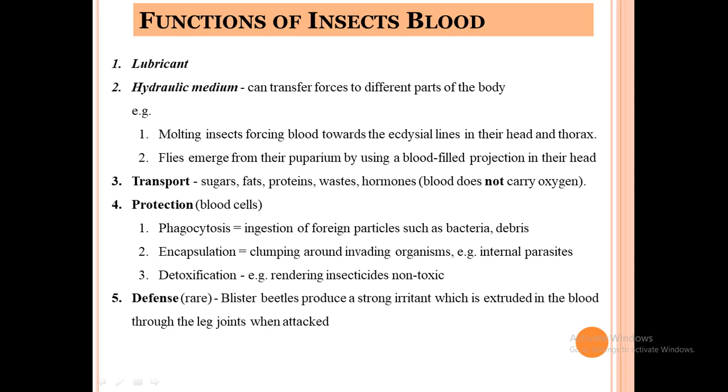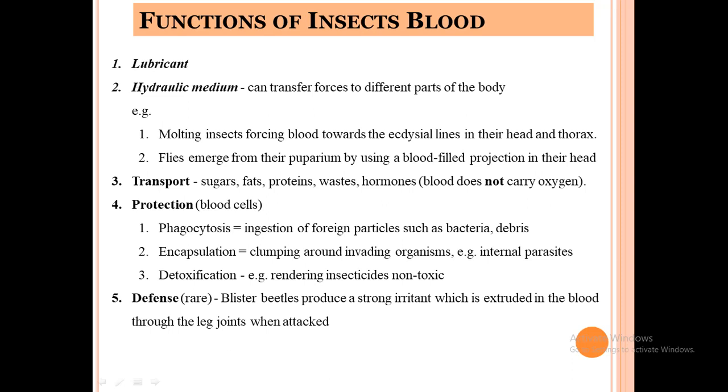In this way, we can say that blood performs vital functions for the development of an insect, for its feeding, and indirectly its digestion.